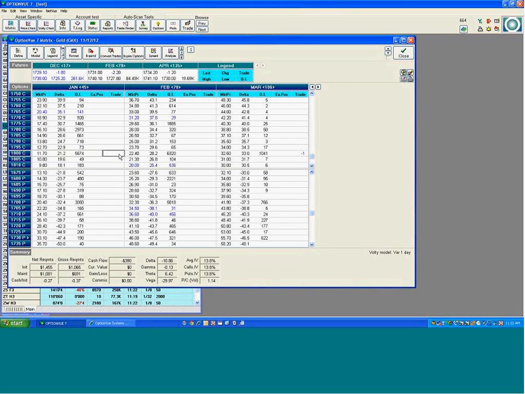So we're going to close our 1800 call reverse calendar spread, and we're going to open a calendar spread using puts. So we'll go to, let's say, the 1650 puts, and we'll buy one of those in the month of January and one in the month of March.